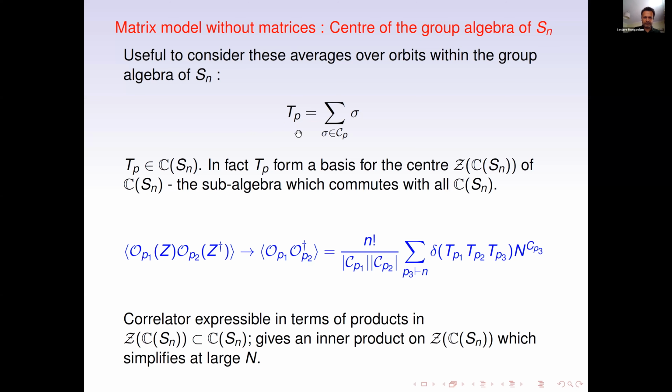When I consider all possible conjugacy classes labeled by partitions of n, we get a basis for the center of the group algebra of S_n. And this correlator that we looked at, it defines a pairing on the group algebra. And in the large n limit, that pairing simplifies, and it's just given by the delta function on the group algebra.